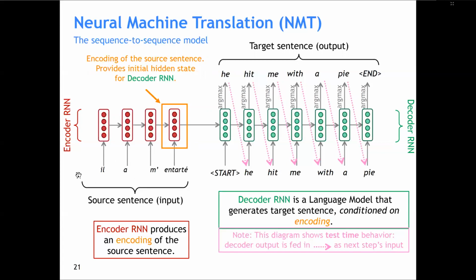Your source sentence is a sentence of any length, and you want to encode it into numerical values. That sentence is transformed into a vector of numerical values through this encoder RNN, and then you transfer that representation to a second RNN.